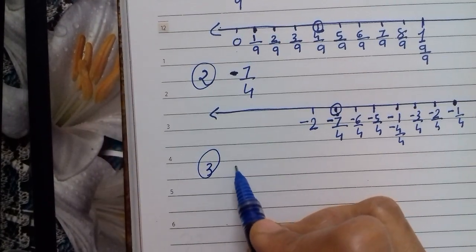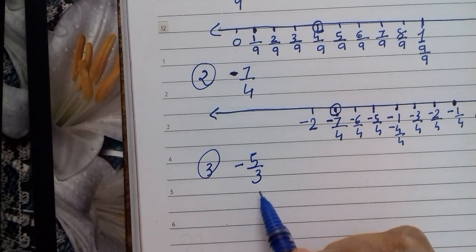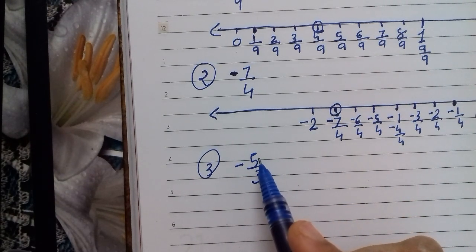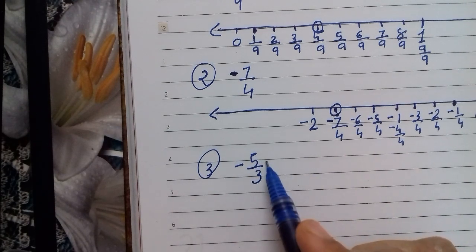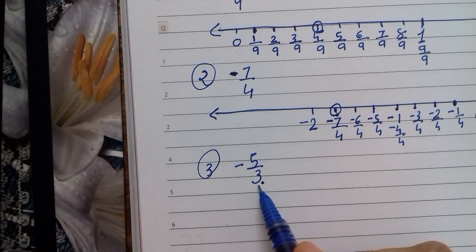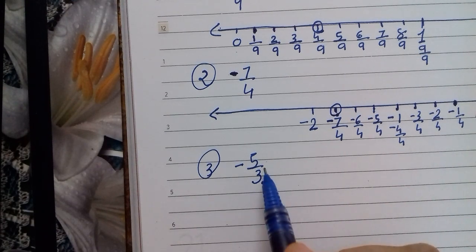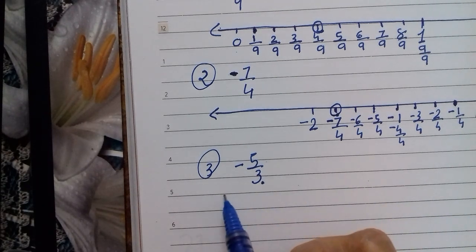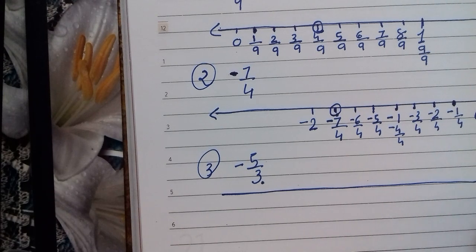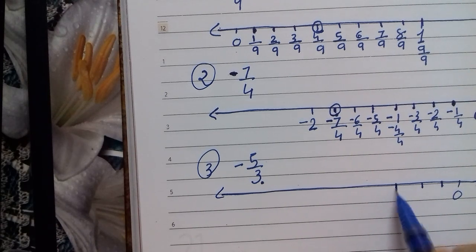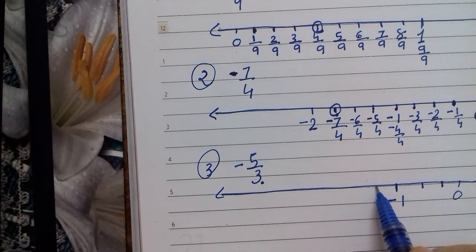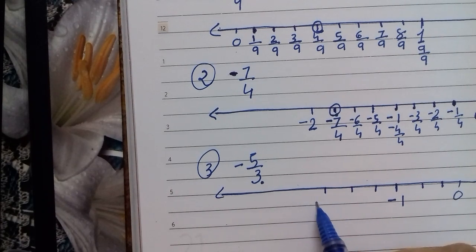Next, -5/3. So we make 5 markings of distance 1/3 because the denominator is 3. It means 5 of 3 equal parts on the left side of 0. 0, 1, 2, 3, -1, again 1, 2, 3, -2.